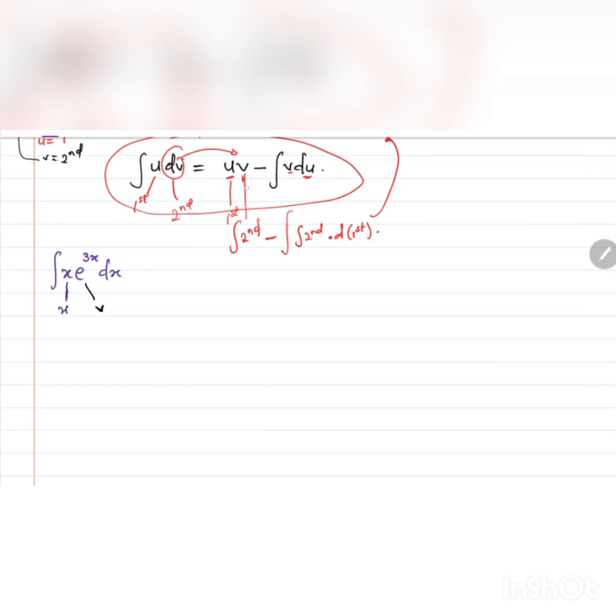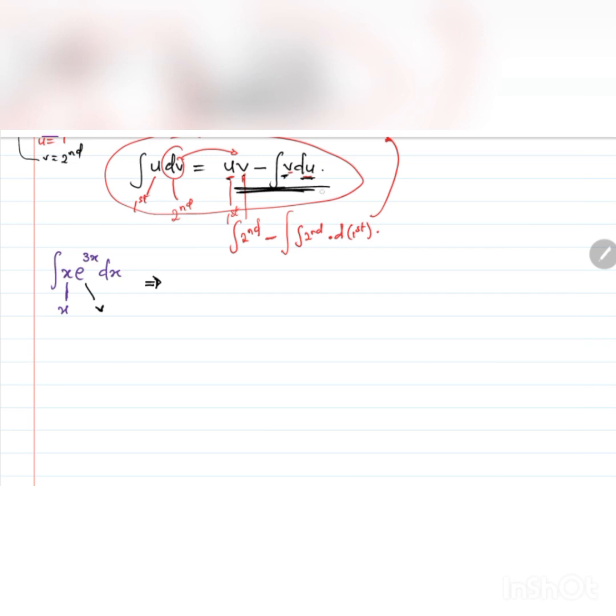Using the definition, you write your u, the first function, and you integrate your dv, that's the second function.